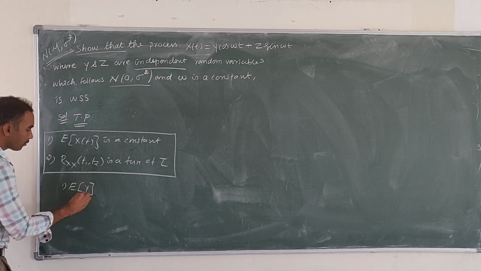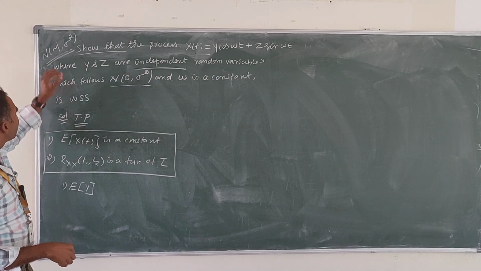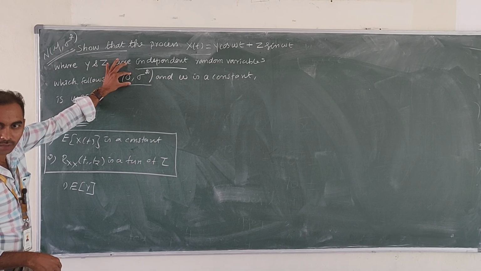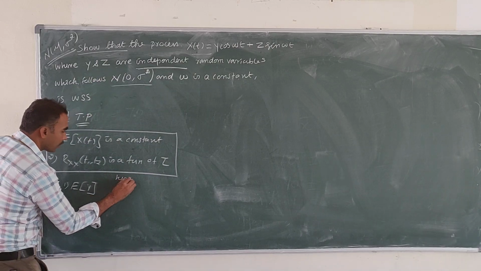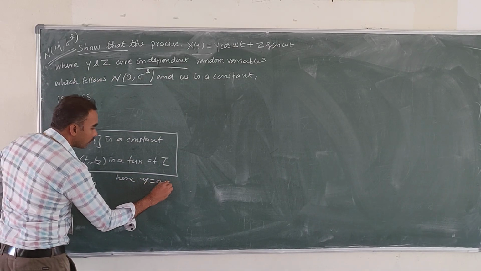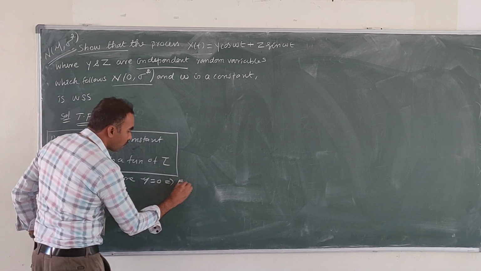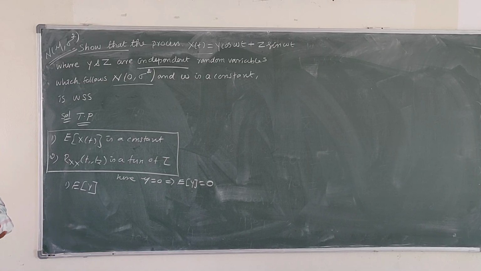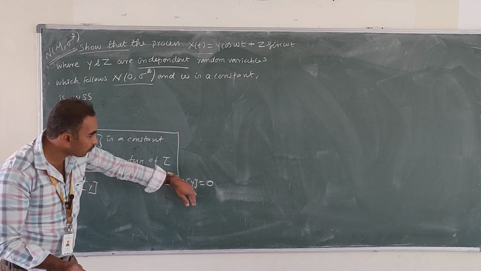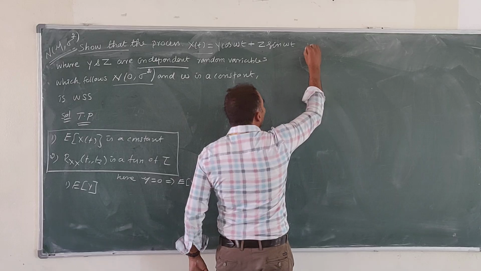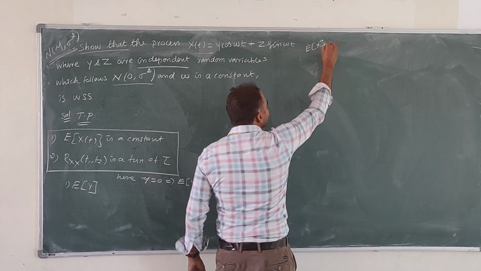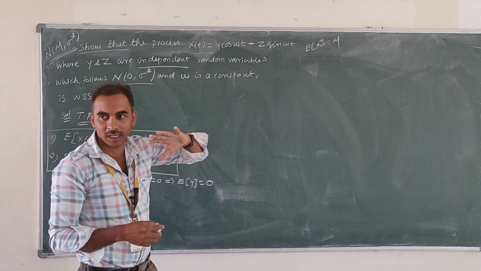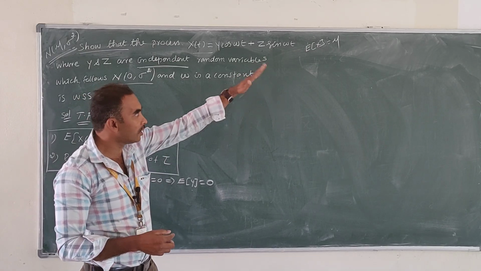First we have to find E[Y]. Here it is mentioned what the mean is: 0. So here μ equals 0. It means E[Y] equals 0. Expectation value is another name for the mean. Generally E[X] represents the mean, the average.